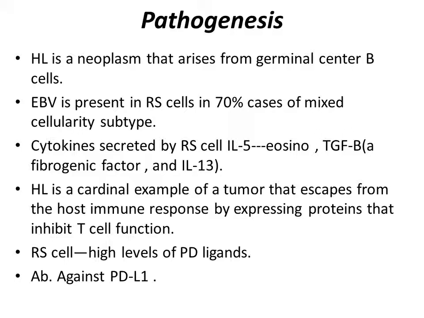Now this tumor cell, the RS cell, secretes certain cytokines like interleukin 5, which has a special attraction for eosinophils, transforming growth factor beta, which is a fibrogenic factor, and interleukin 13.